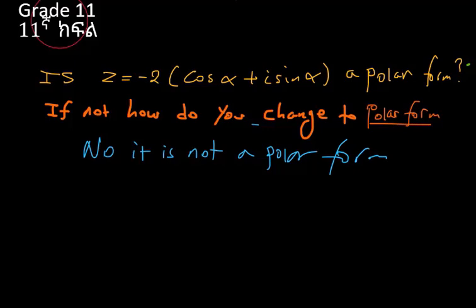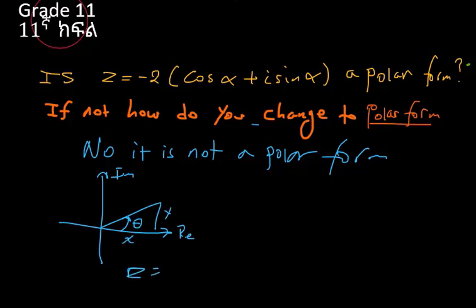Why not? Because from our definition, with the real part and imaginary part, we have this argument theta that starts from the positive real number. So this lies in the first quadrant. So we have y and x.